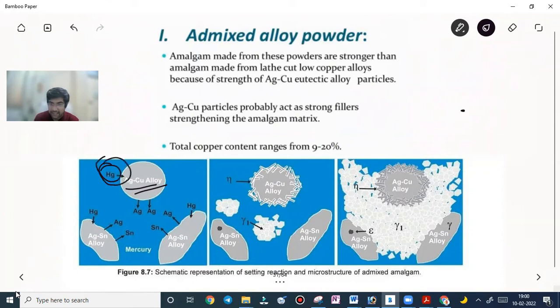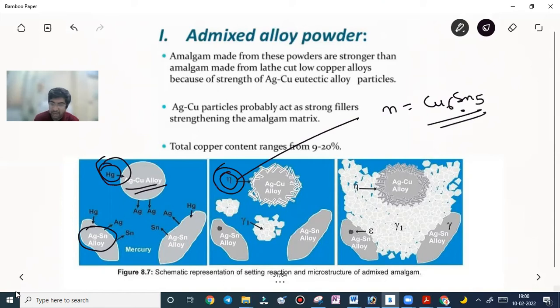The tin dissolves in the mercury, reacts with the copper of the silver copper particles and forms the eta phase. This eta crystal will form around the unreacted silver copper alloy. At the same time, there will be formation of gamma 1 phase.